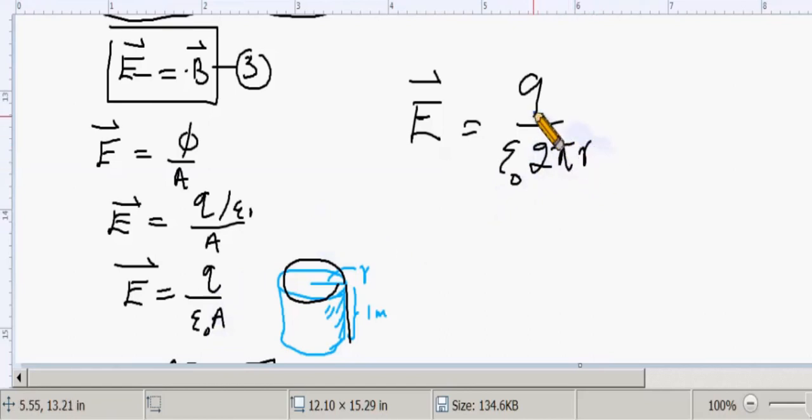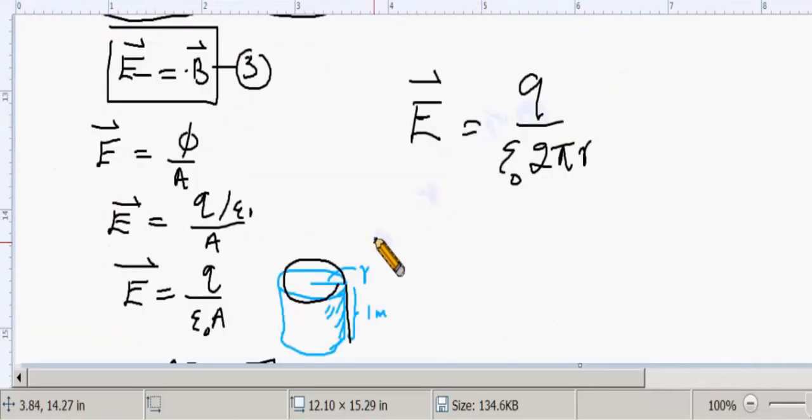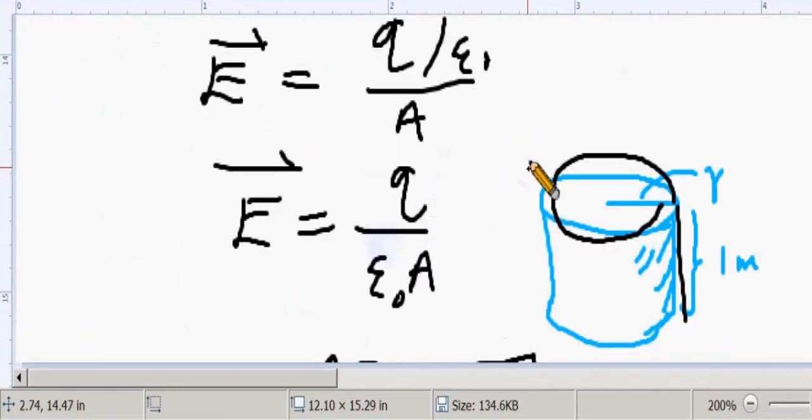So up to now we have come to this level. So what is Q now? So Q is the total charge inside the Gaussian surface. So inside the wire is there inside.